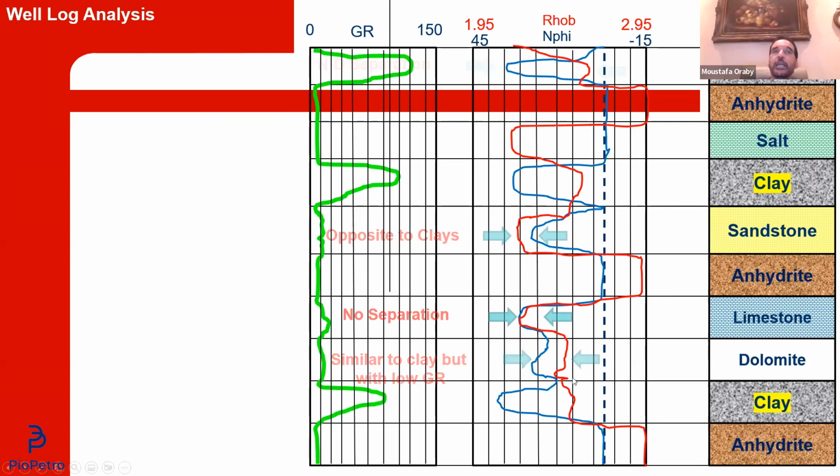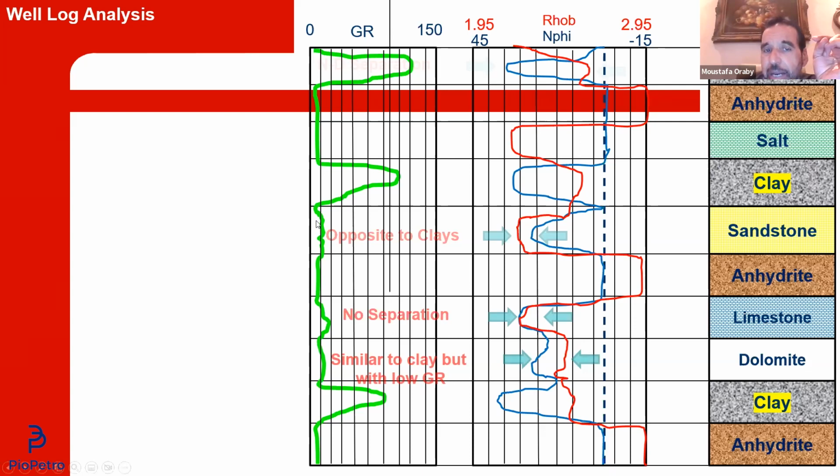Okay, guys, and probably this is the first time to hear this, but I would want you to at least, if you get out of this webinar with this understanding, look at this. When gamma ray is high, and neutron to the left, density to the right, that's a clay signature.